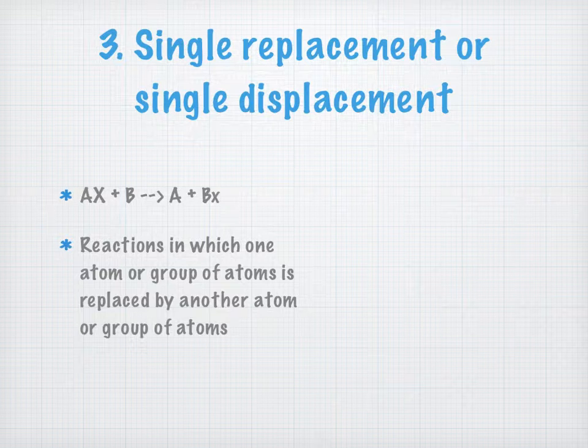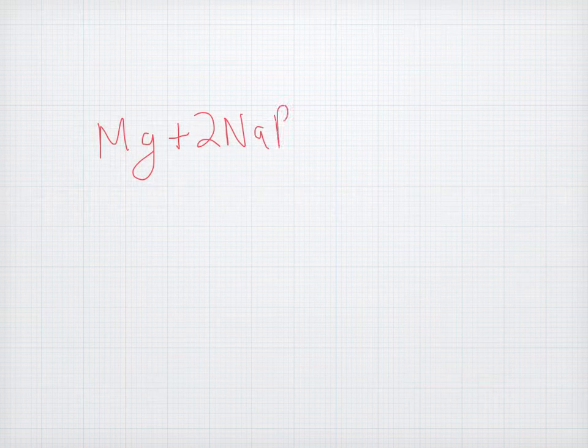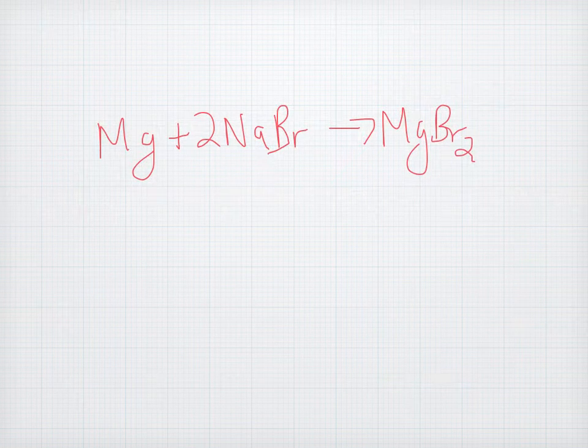The next is single replacement or single displacement. This is where we have one item that's moving, basically switching partners. So it's a reaction in which one atom or group of elements is replaced by another group of elements, and we have to be aware of positive and negative charges. So, for example, we can have Mg plus 2NaBr gives me MgBr2 plus 2Na.